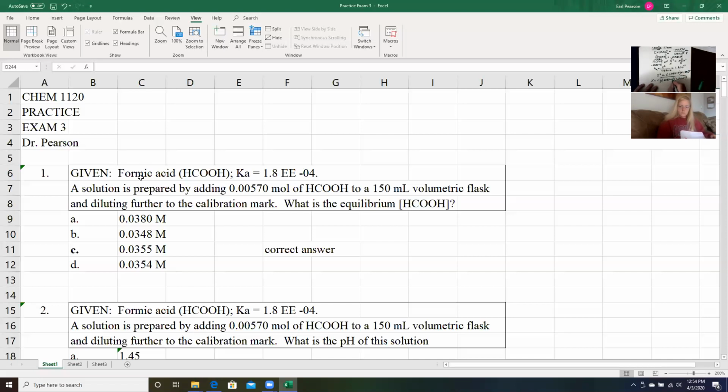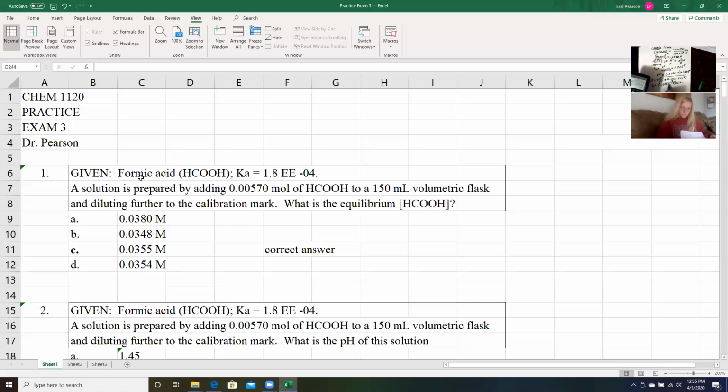What I'm going to do as a first guess is, if x were 0 on this side, what would I get for my first approximation over here? So x1 is going to be 0.0380 times 1.8 times 10 negative 4, and I want the plus square root of that. So let's do the math. I've got this previous answer still on my screen, 0.038.